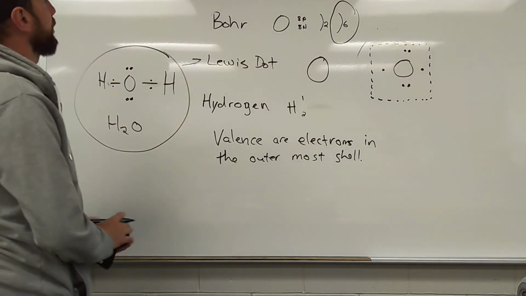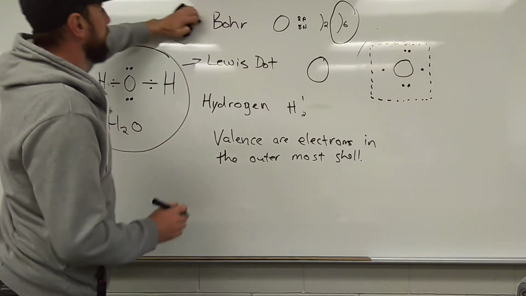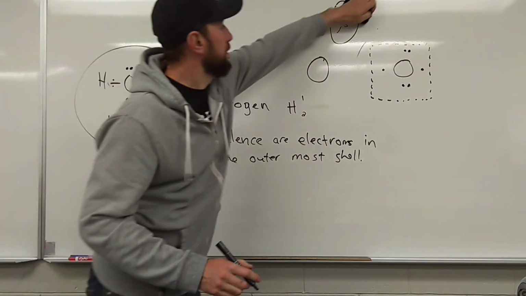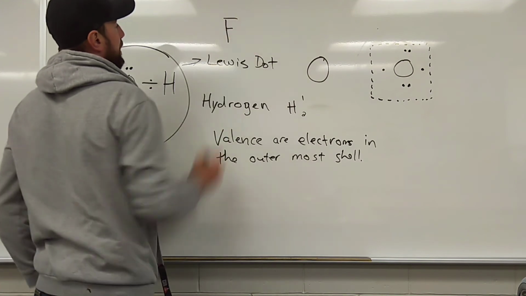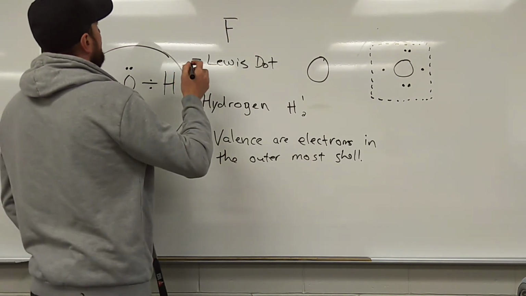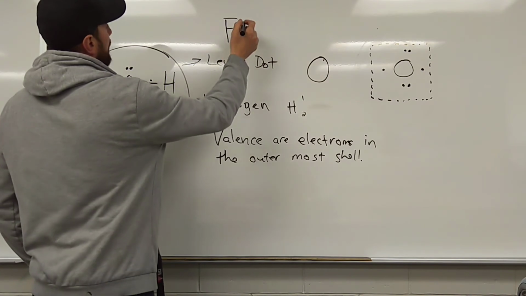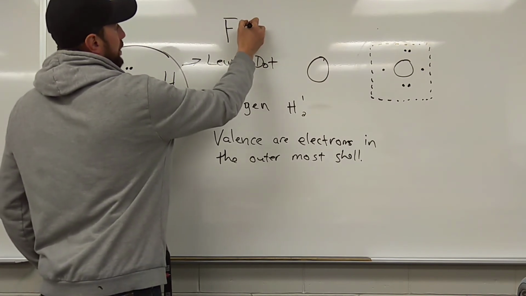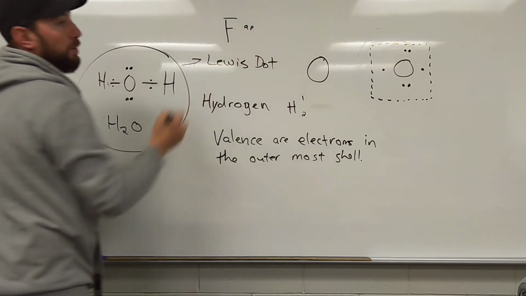Let's pick one for example, fluorine. Fluorine is F, and it has the atomic number 9. So 9p. I don't know the weight on that one.